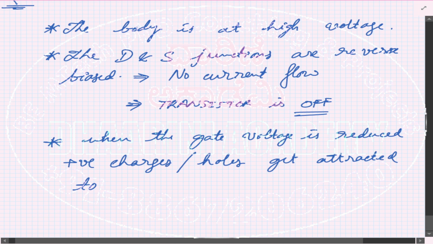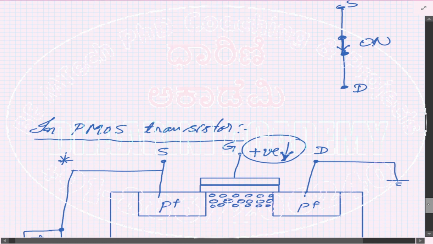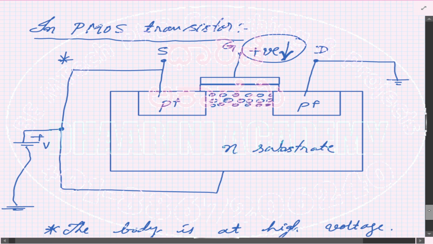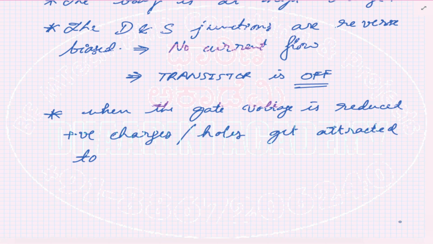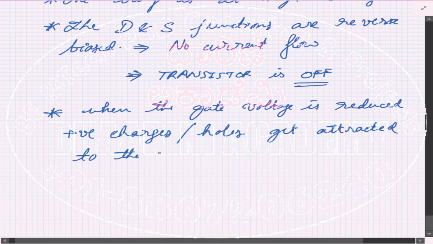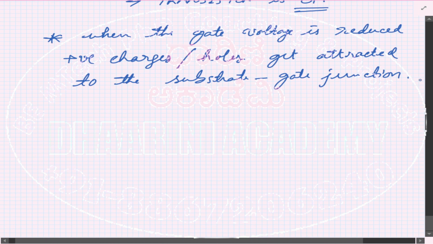The interface between the N region and the gate, the junction between N substrate and gate, correct? They get attracted to the substrate and gate junction, that is below the gate region, right?